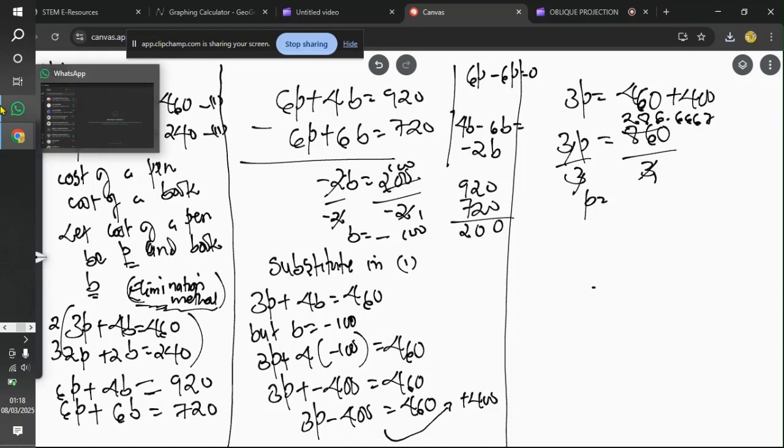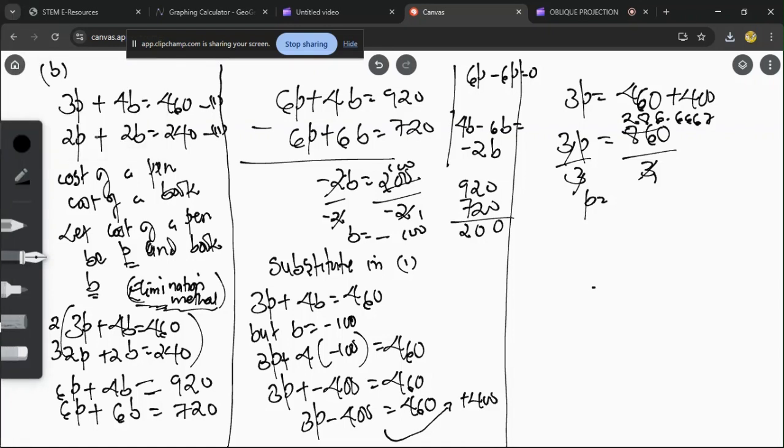Let me see the question. 3 pens, 4 books, 460. Then 2 pens, 2 books, 240. These 2, I've interchanged this one to eliminate that. So 2 multiplied by 3 is 6p. 2 multiply, right, I've made a mistake here. This is where you have a mistake. 2 multiplied by 6 is that. 2 multiplied by 4 is supposed to be 8.